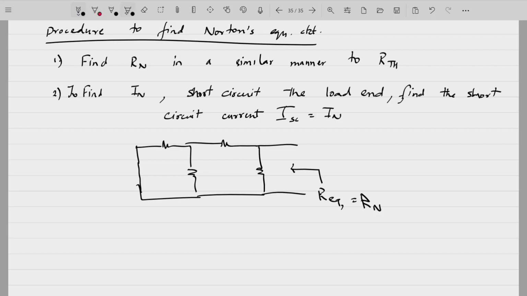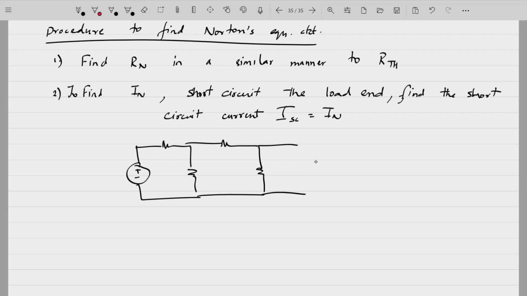Fine. That is one. Secondly, you had your voltage source here, you had your variable load connected at this point. What you have to do in the second step is to now find IN.